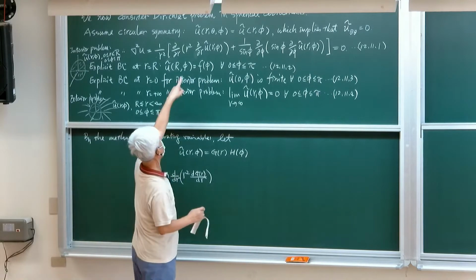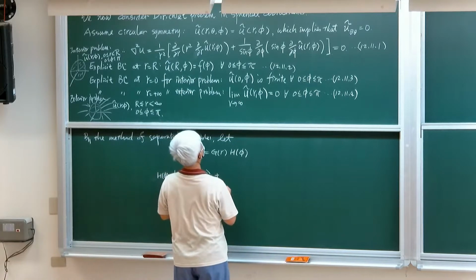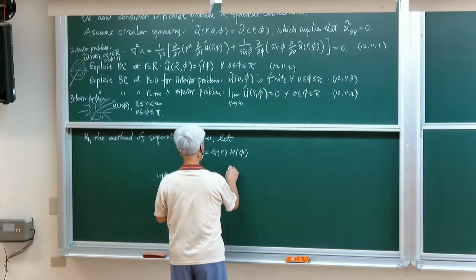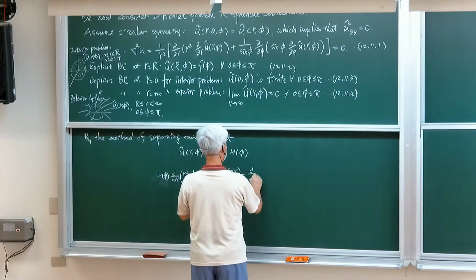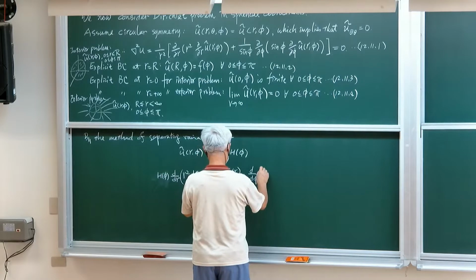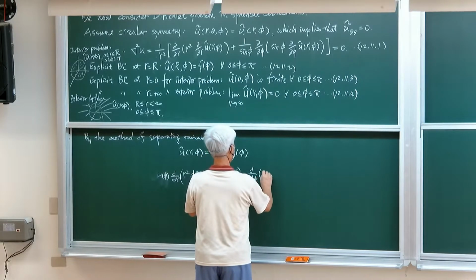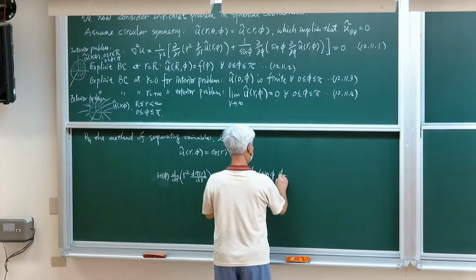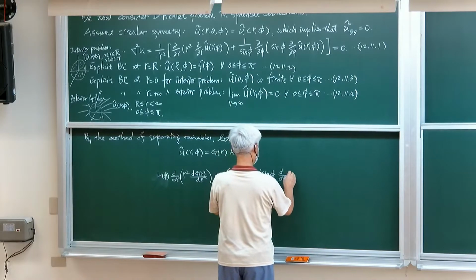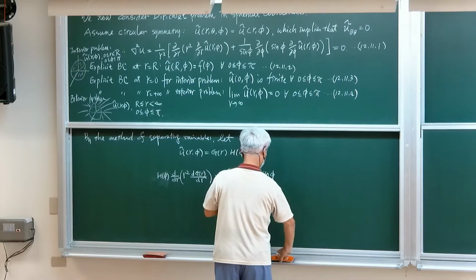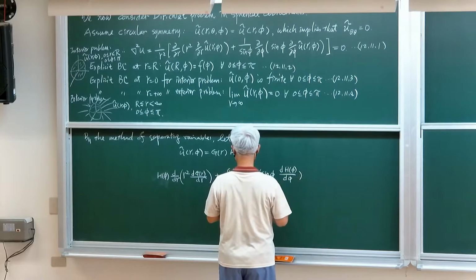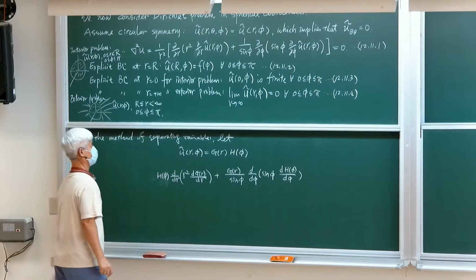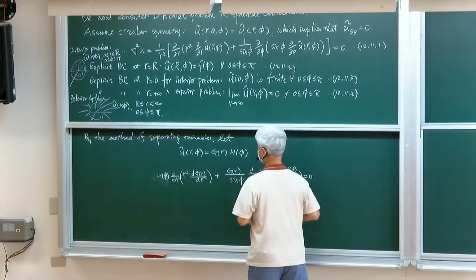Okay, so that is that term, plus g(r) sine phi d phi, and h(phi) d phi, which is equal to 0.